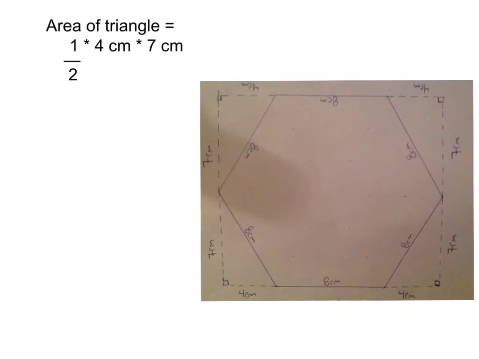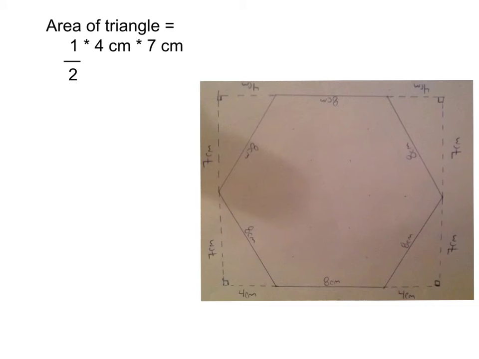Take notice of the triangles on the bottom left, bottom right, top left, and top right corner of the rectangle. Notice that the triangles are all the same, and we know how to calculate the area of a triangle. In this case, the area of the triangle is going to be 1/2 times 4 centimeters times 7 centimeters. But we want the area of all triangles.